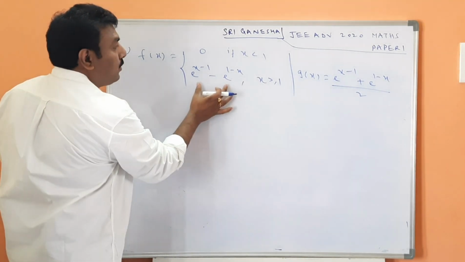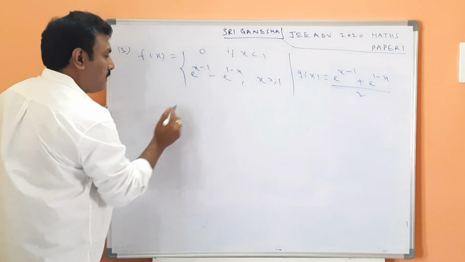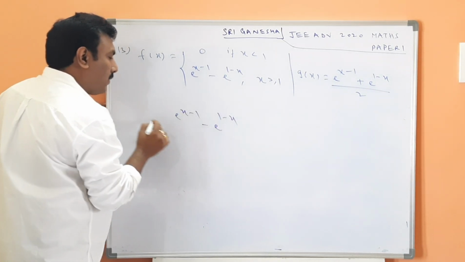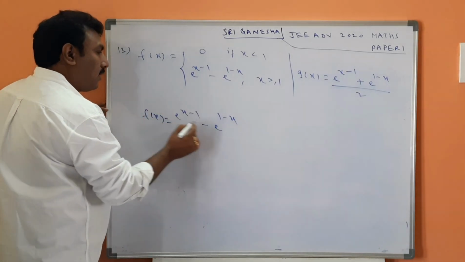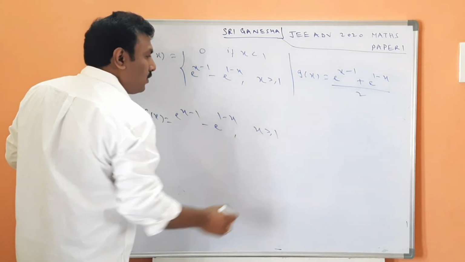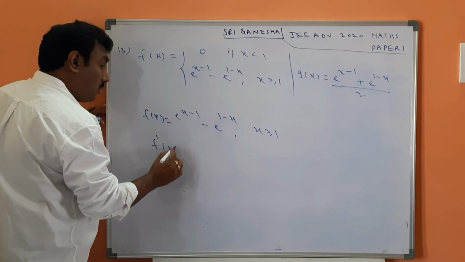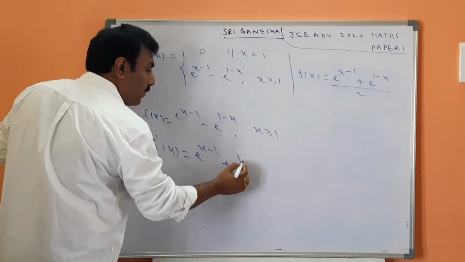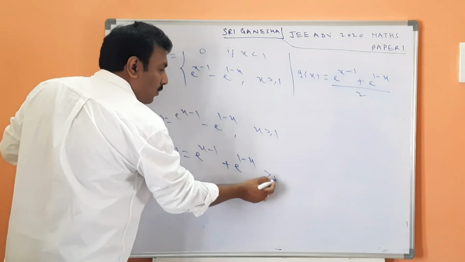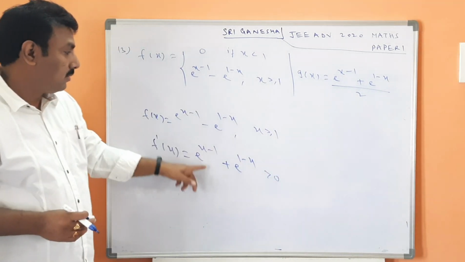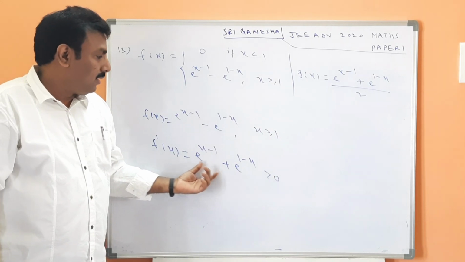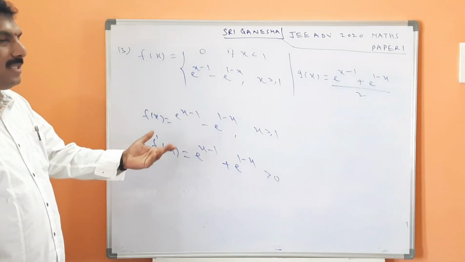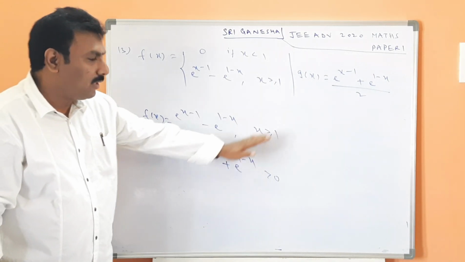What about the derivative of this part? Suppose you take this one, e power x minus 1, e power 1 minus x, for x more than or equal to 1, e to the power of x minus 1 plus e power 1 minus x, which is always positive, because being an exponential function, it is always positive, so strictly increasing function from 1 onwards.